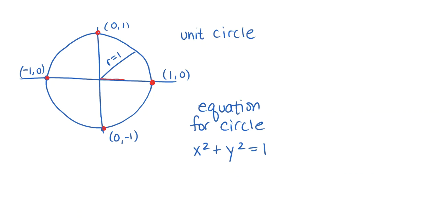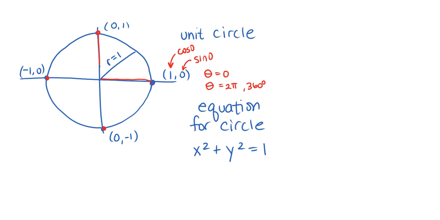Here, my angle is 0 radians or 0 degrees. If we're talking a full rotation around, then theta could be 2 pi radians or 360 degrees. This will tell me that the cosine of 0 equals 1 and the sine of 0 equals 0.